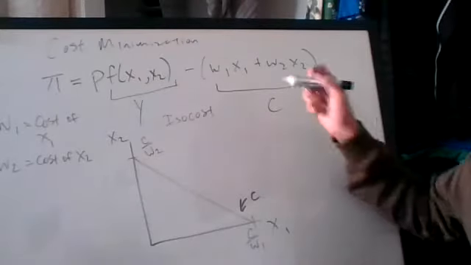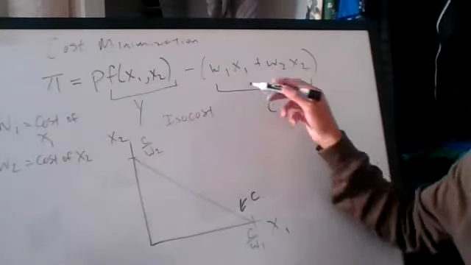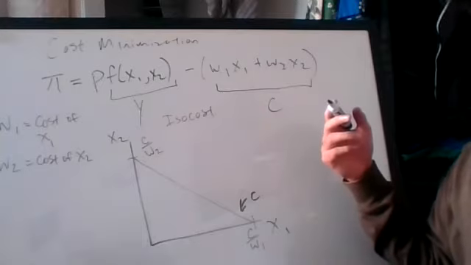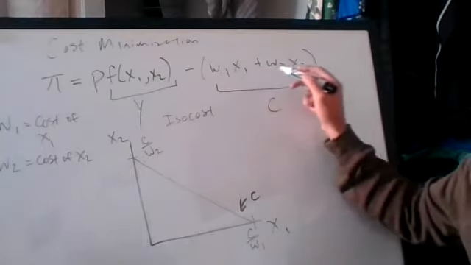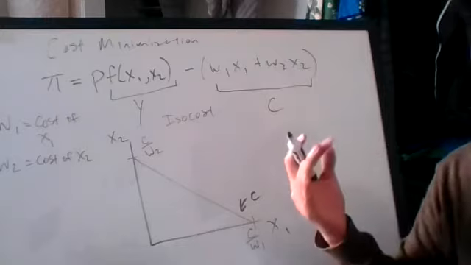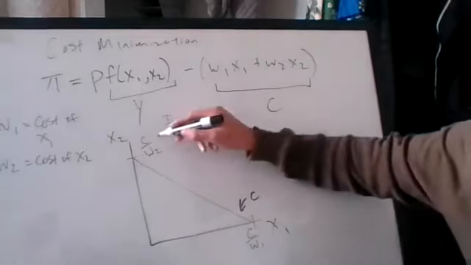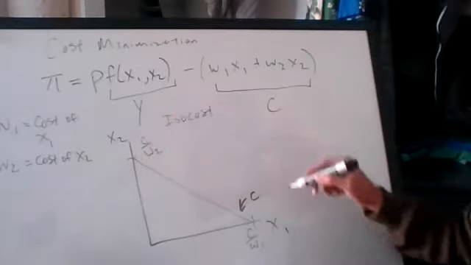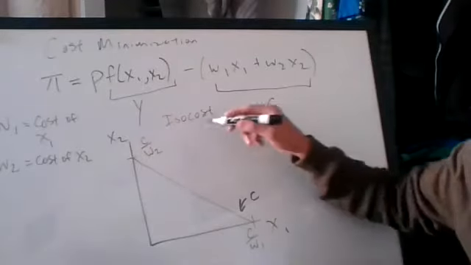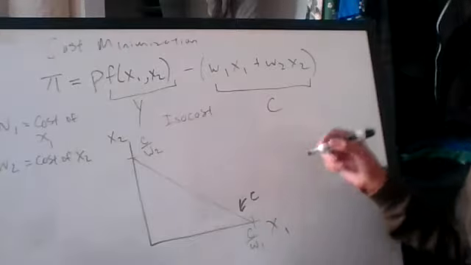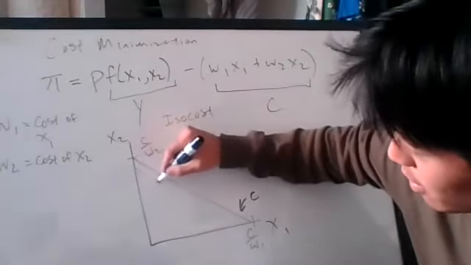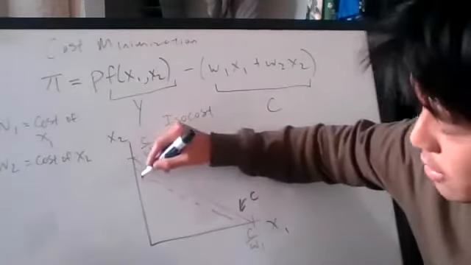However, you can decide how much inputs you really want to choose, right? The amount that you can incur in terms of cost is infinite, right? And so basically, there's going to be different levels of C that exist on this X1 and X2 axis, meaning that we have infinitely many isocosts, right?